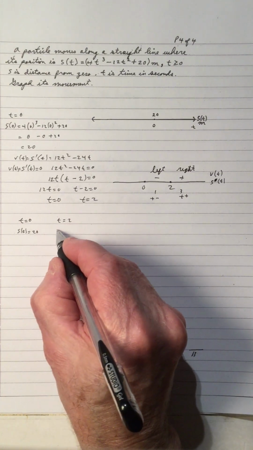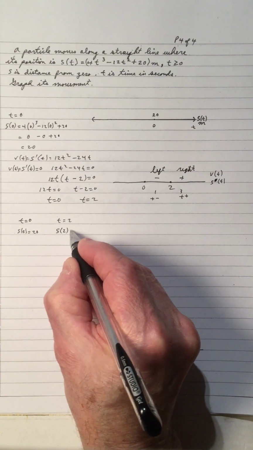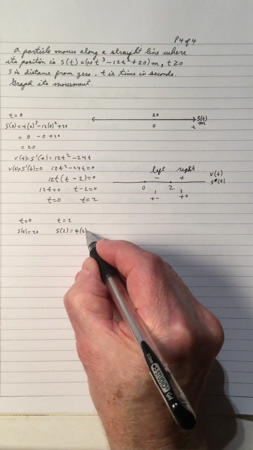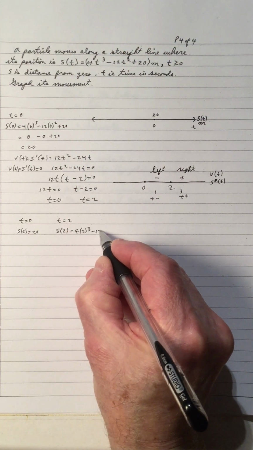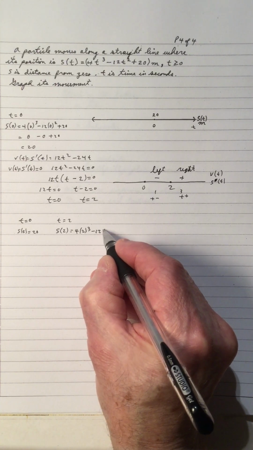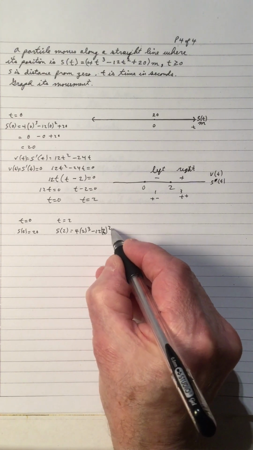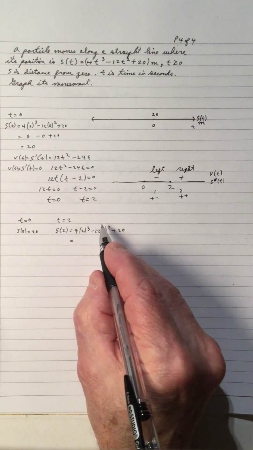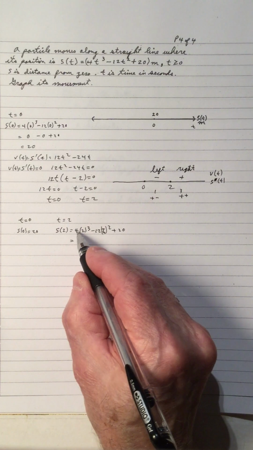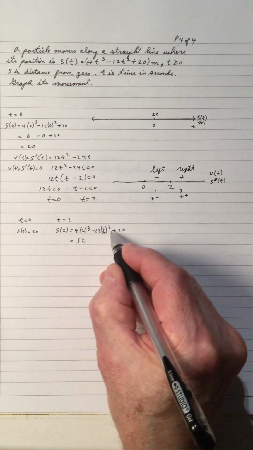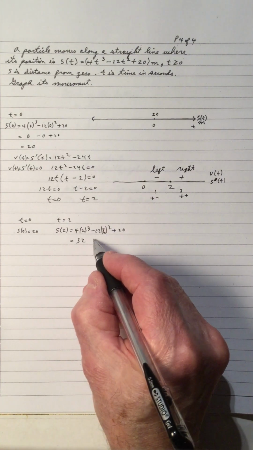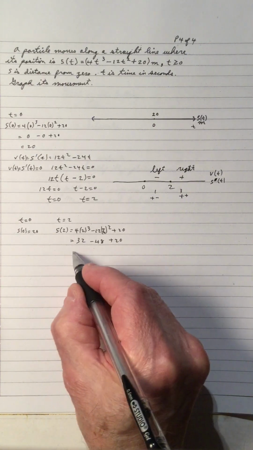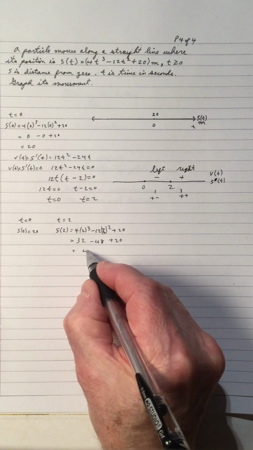When I put s of 2, I put 2 in here for position. 4 times 2 cubed minus 12 times 2 squared plus 20. And we work this out. 2 cubed is 8, 4 times 8 is 32. 2 squared is 4, negative 12 times 4 is negative 48, plus 20. You add all that up and you'll get a 4.